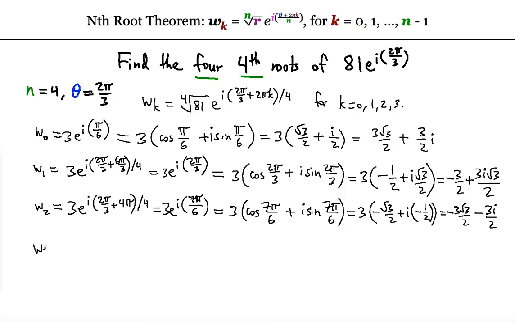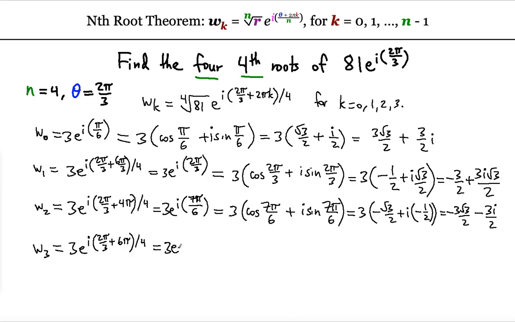Now the last root, k value will be 3, is equal to 3e to the i. Then the angle here is going to be what? So we know that k is going to be equal to 3, so this whole thing is 6 pi. So 2 pi over 3 plus 6 pi, and this whole thing divided by 4, the n value.